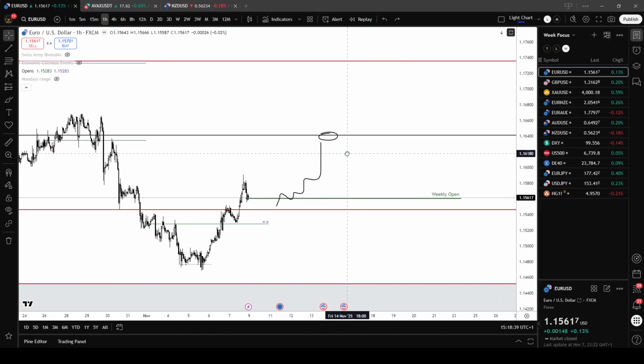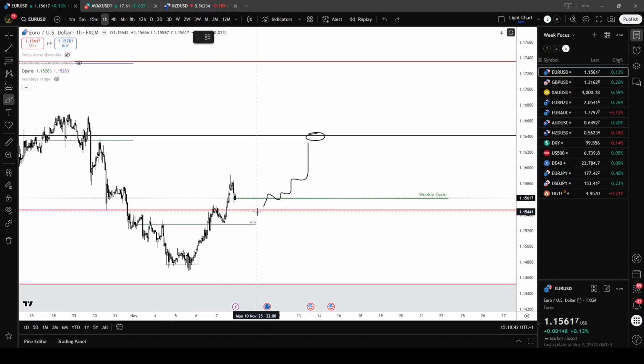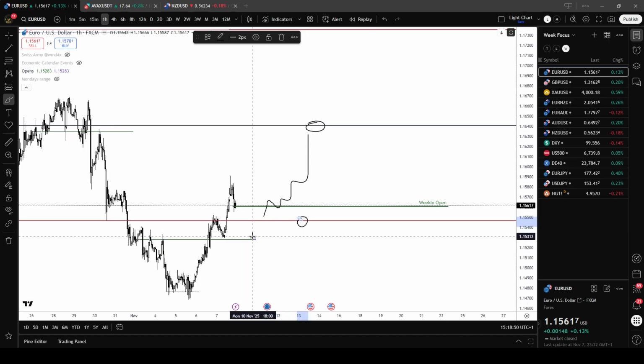so it is very clear that I only want to get long, and I think this level here should hold, and I don't think it will come into the monthly open because these lows here, they are quite obvious, and I think a lot of people are going to expect the market to take them, SFP, and then trade higher.